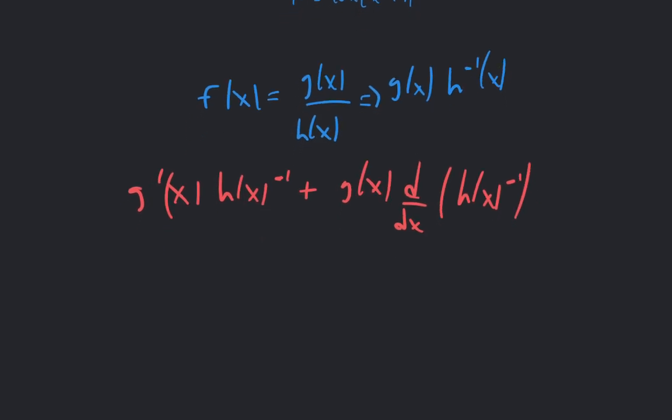Now the tricky part is taking the derivative of the, not inverse, sorry, the reciprocal of h of x. So the derivative of h of x raised to the -1 would be -1 times h of x to the -2, times the derivative of h of x.